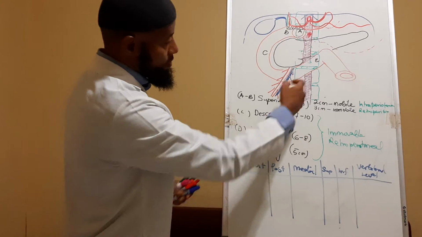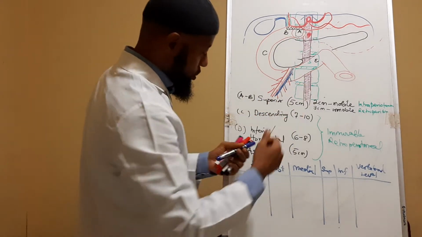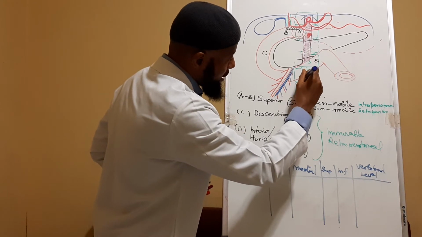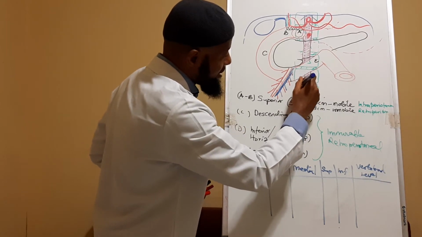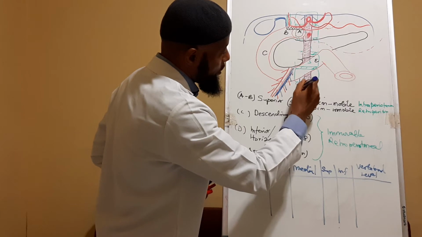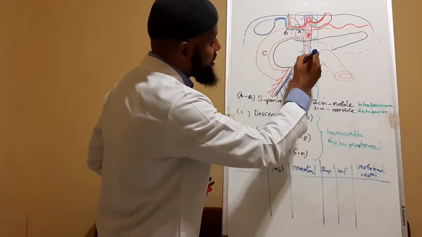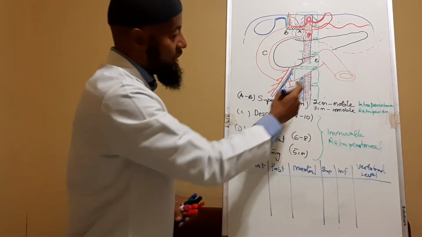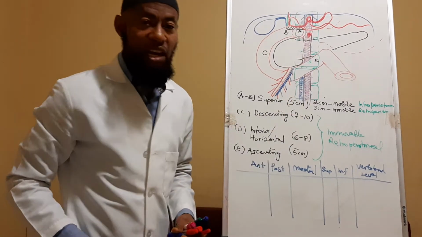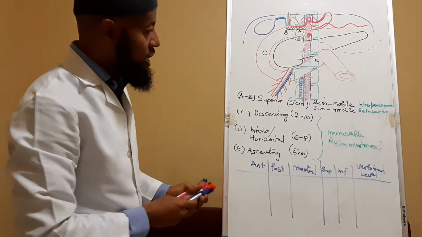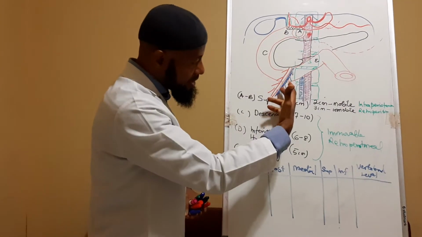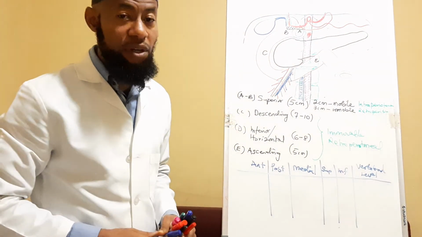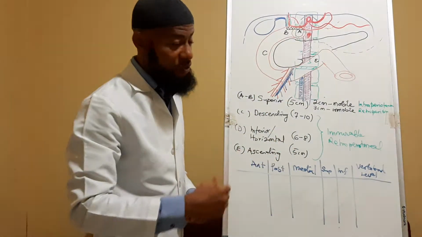You find the IVC. So we have the IVC here. That's the IVC. On the right side of here, you find the IVC. Okay? It's ascending upward. You find the IVC and as well as the arch of aorta. And of course, on this side, you find the right psoas major as well as the right ureter, posterior to that.